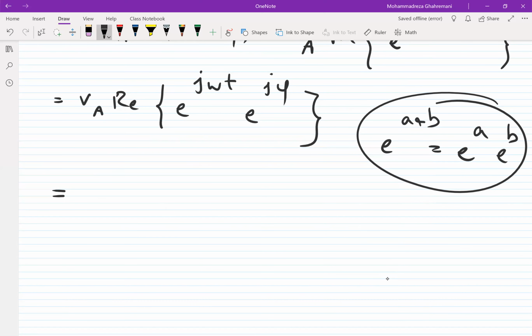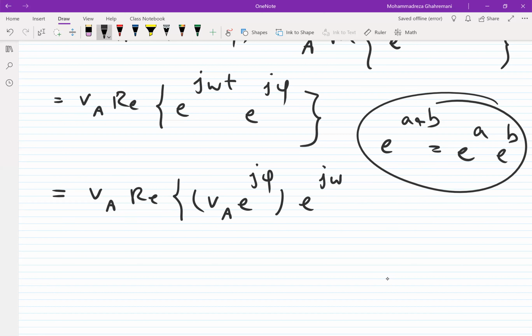Because VA is a constant value, we can just bring it inside the brackets. So it's equal to the real part of VA e to the j phi e to the j omega t.